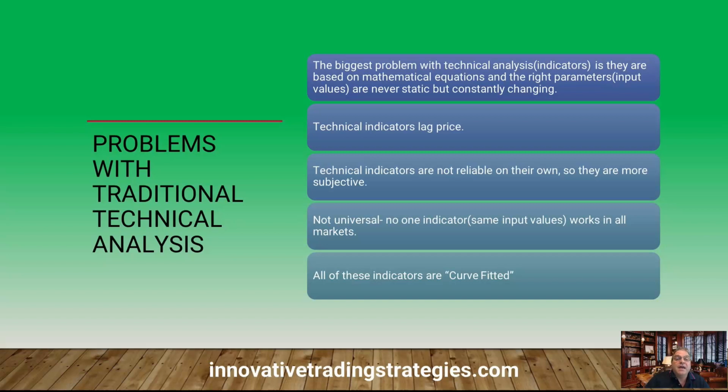Okay, so we want that. We also want it to be universal. Whatever tool I'm using, I should be able to take it and use it with any other market and not have to make any changes to it, right? The only way to do that is to find something that doesn't have parameters.